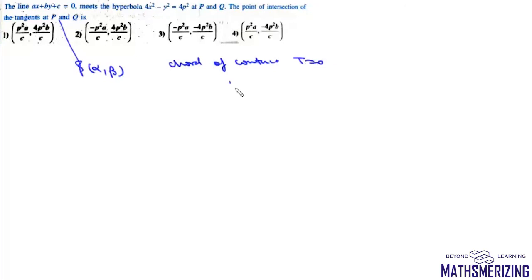So in this case, it will be 4 alpha x minus beta y minus 4p square equals 0. And this chord is actually this given line, which is ax plus by plus c equals 0.